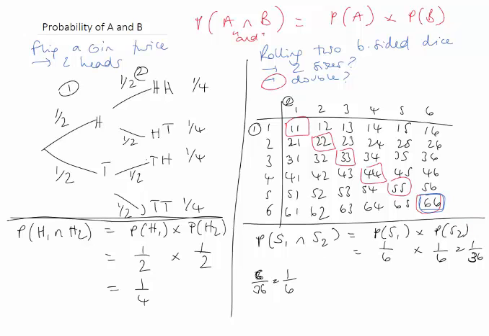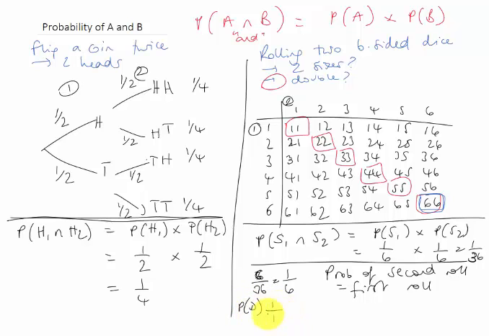So really what we're looking for here is that the probability of the second roll will be the same as the probability of the first roll. So the first roll could be anything, so that's 1 over 1. Because it could be anything, we don't care if it's 1, 2, 3, 4, 5, 6.